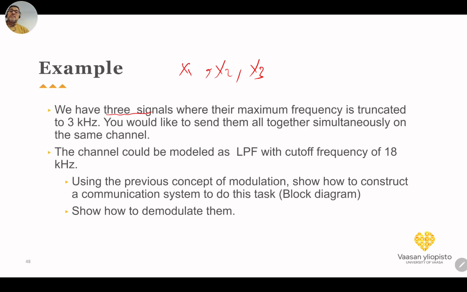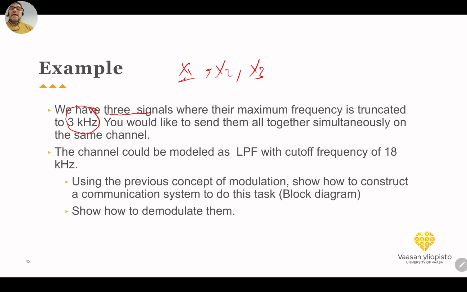So we want to send three signals exactly over the same channel. Each signal, we assume, has a maximum frequency of 3 kilohertz. And how can we send them together without making interference between each other?